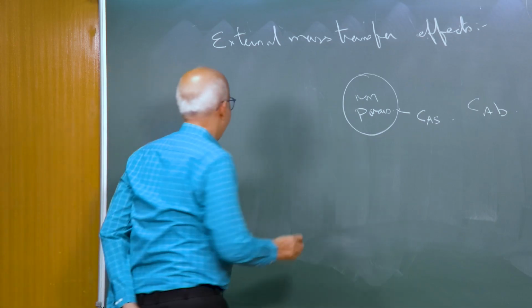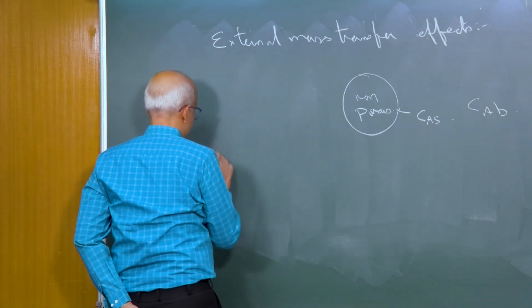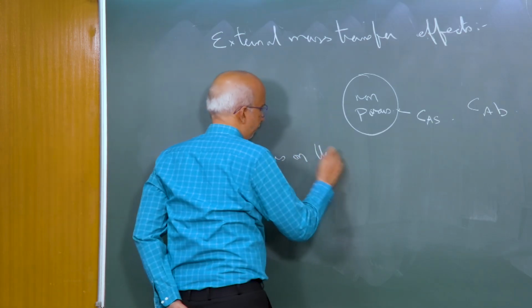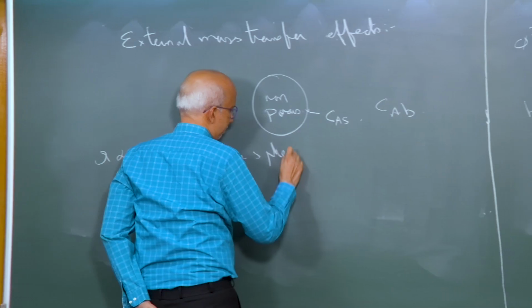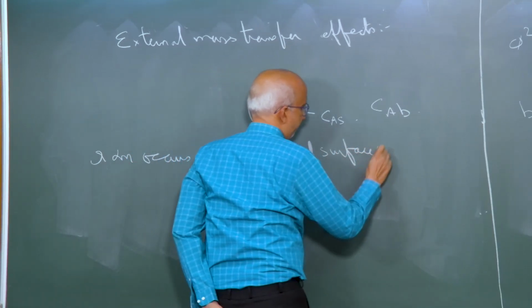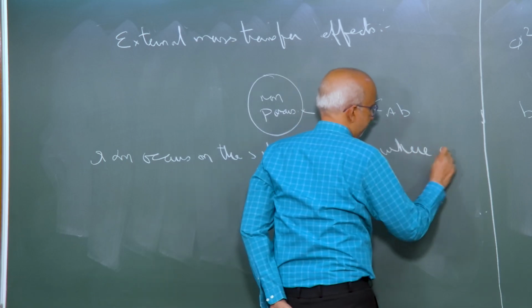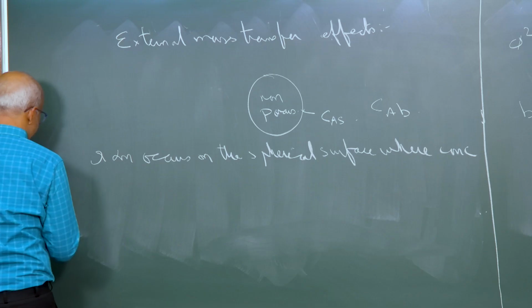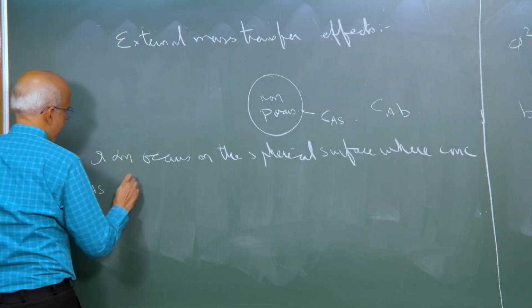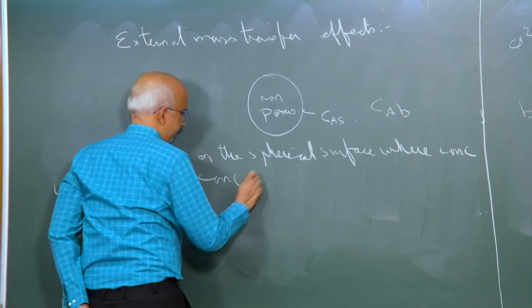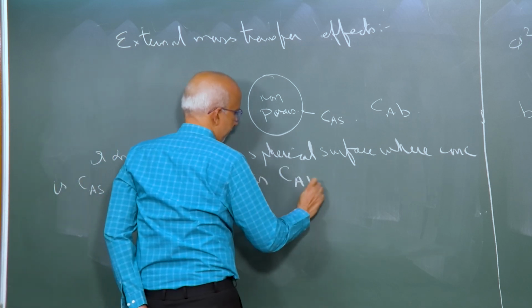Okay. So, reaction occurs on the spherical surface where the concentration is CAS and the bulk concentration is CAB.